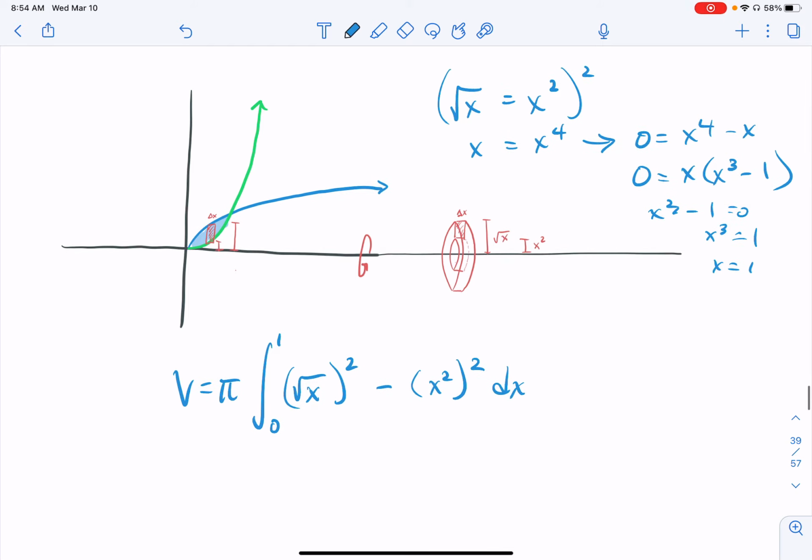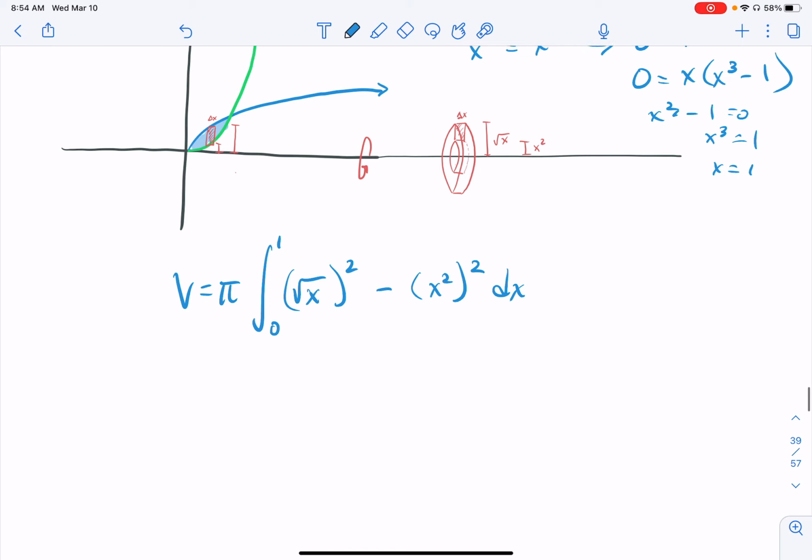All right, we have set up our integral. Now it's time to just do the calculus that is necessary to solve this thing. When I square this, that'll just be x. When I square this, it will be x to the 4th. The antiderivative is x squared over 2 minus x to the 5th over 5, evaluated from 0 to 1.